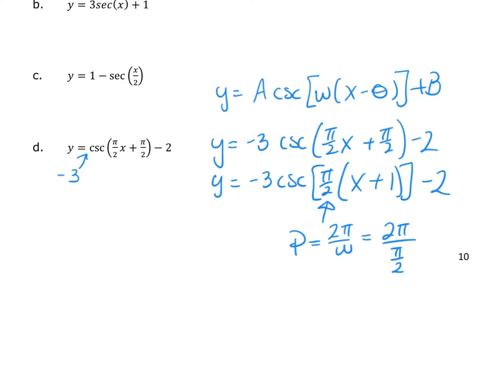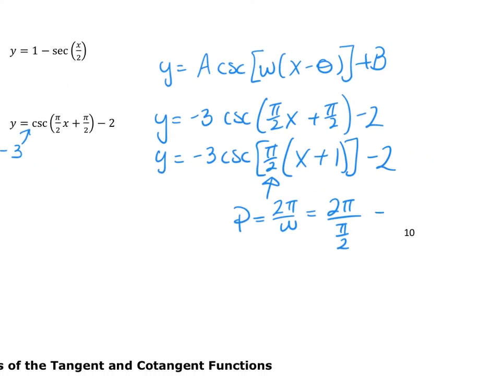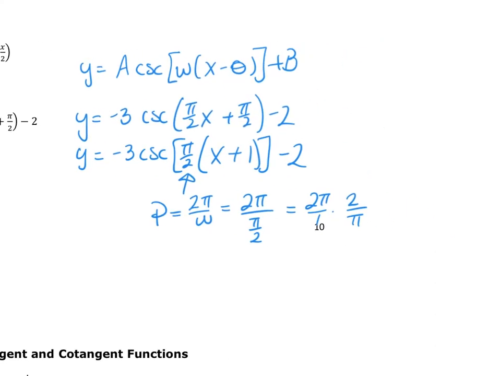Because it is a division of fractions, this is going to be 2 pi over 1 multiplied by 2 over pi, because it is the reciprocal of my denominator fraction. What happens to my pi's? Sweet, that is so nice. You know why that's nice? Because when I do my x-axis, it's just going to be nice integers. Possibly some fractions thrown in there, but it's going to be integers.